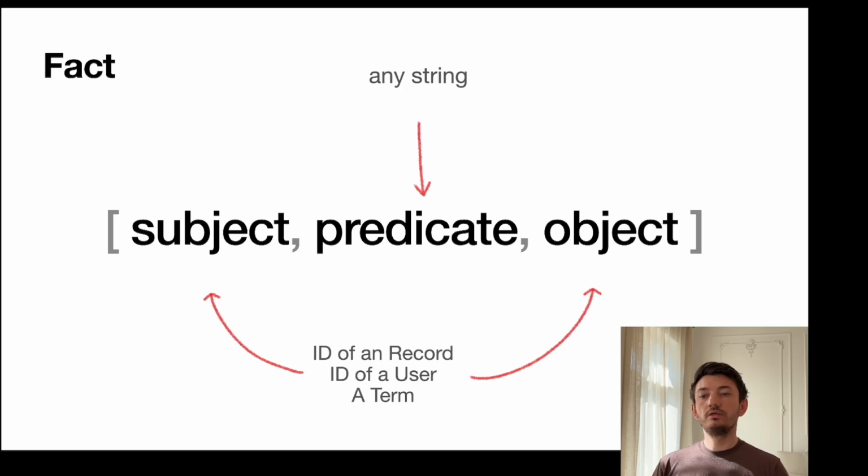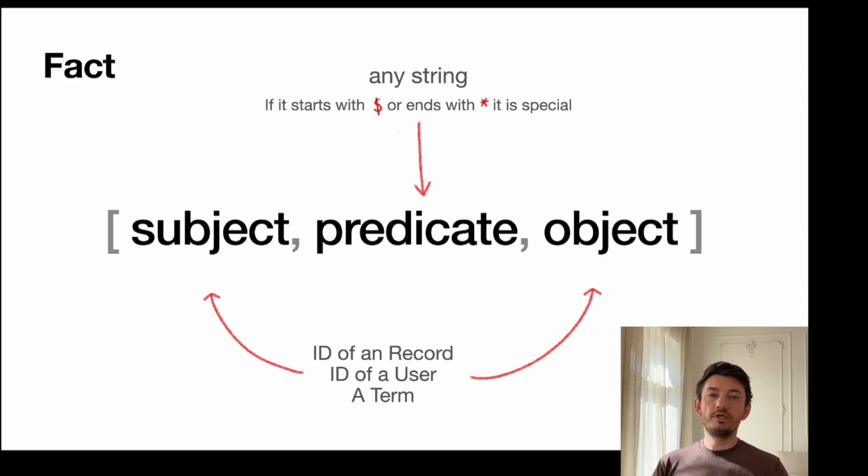As a predicate, the developer of the single page application can basically use any string he likes. So the predicate is pretty free, so any developer can decide, I want to use this kind of predicate, and that is fine, as long as the predicate doesn't start with a dollar sign. The dollar sign has a special meaning.